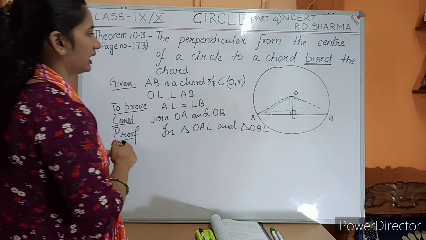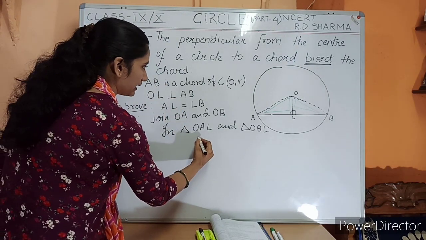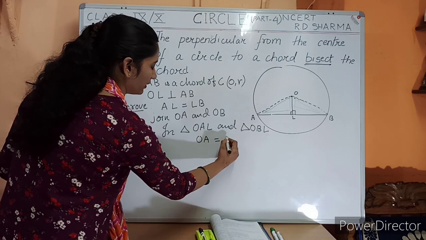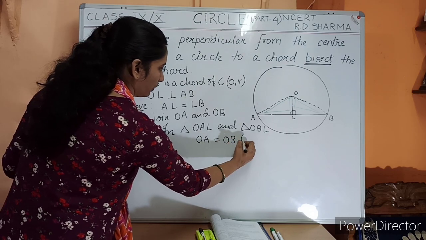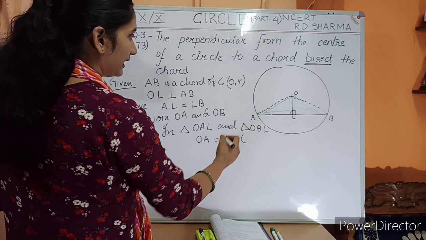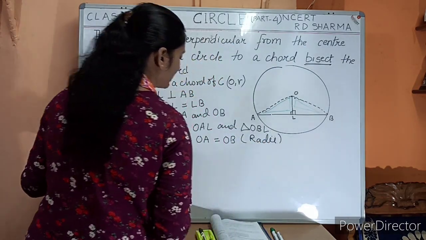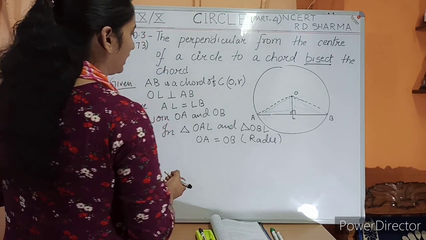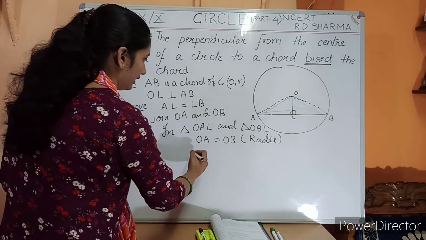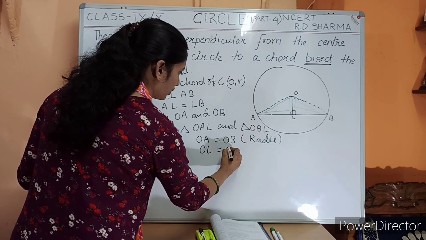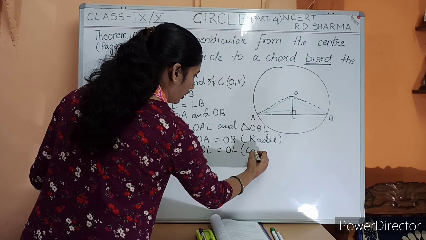Here you can see the OA side must be equal to the OB side. Why? Because they are the radii of the same circle, so they must be equal. Now the second point which is given here is OL is equal to OL, meaning it's a common side.